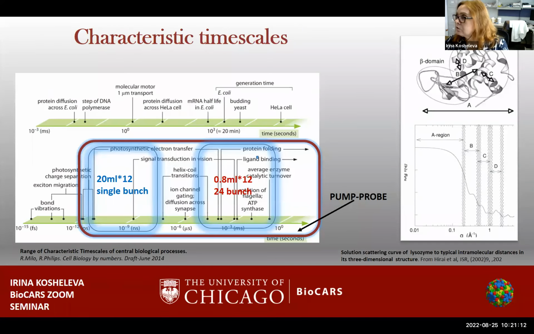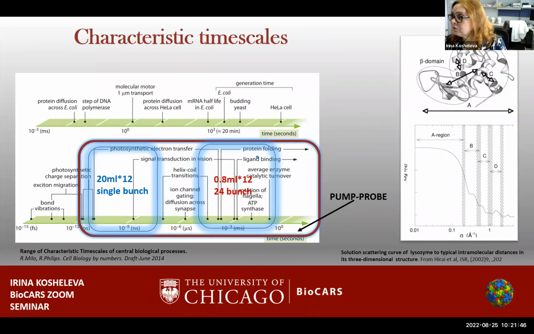Yes, and I use this time scale picture just to show that in this time domain we have basically photosynthesis, electron transfer, signal transduction, I think motion of helices or beta sheets and so on, small protein. So if we cannot reuse the sample, it would require 250 milliliters of sample.